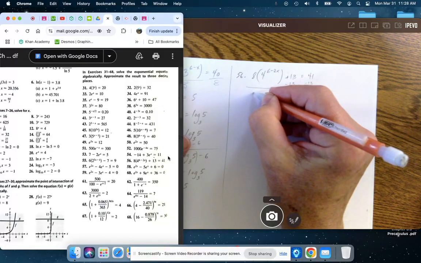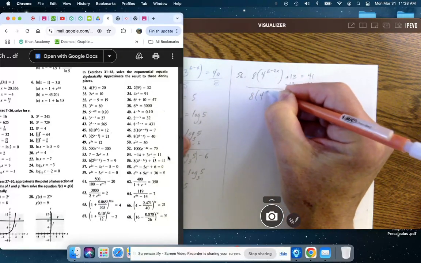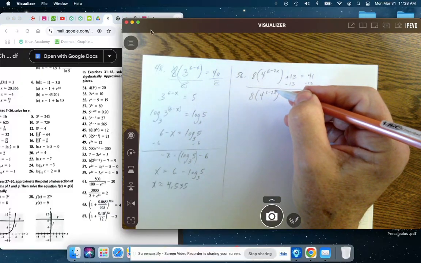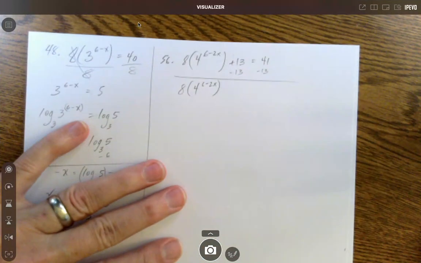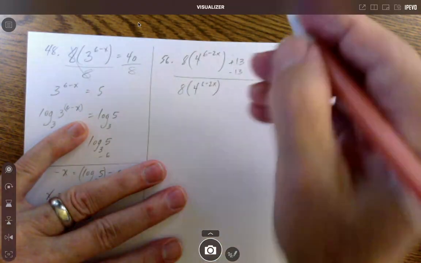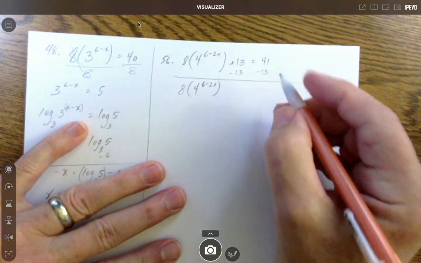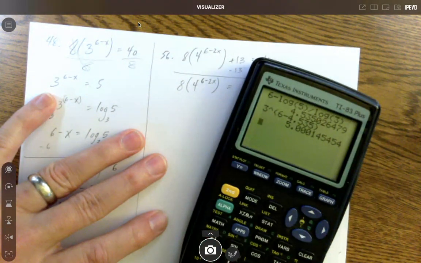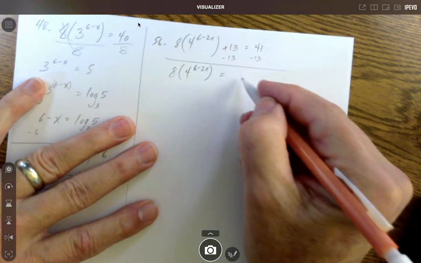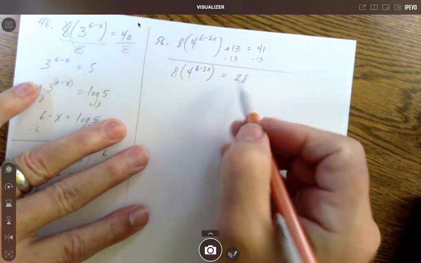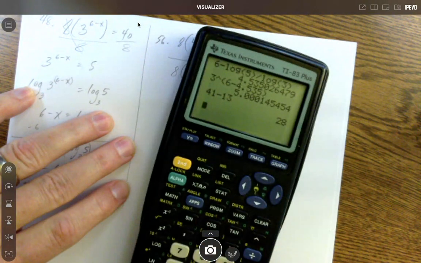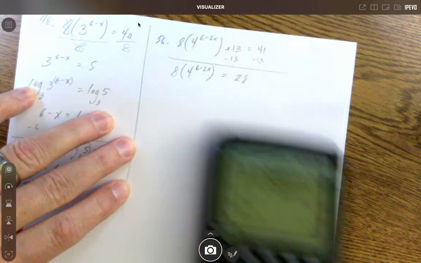So this is 8 times 4 to the 6 minus 2x equals 41 take away 13, which is 28. Now I need to divide by 8. So 28 divided by 8 is 3.5.